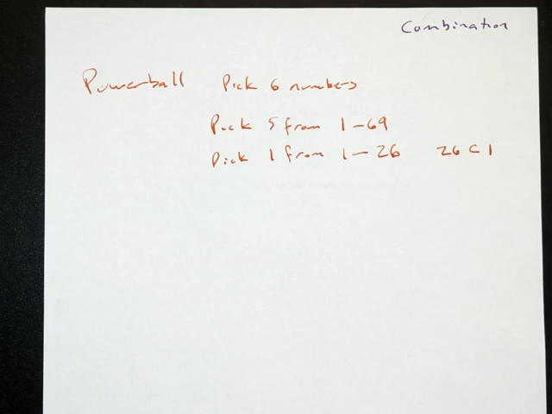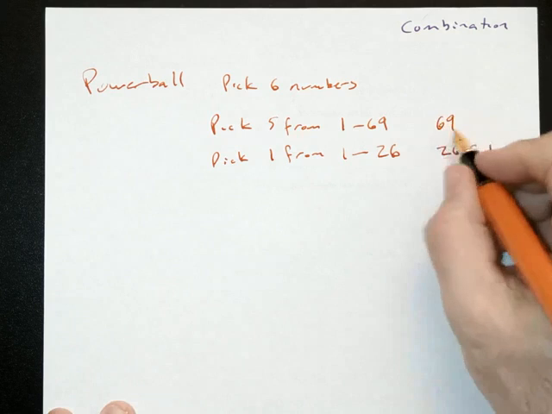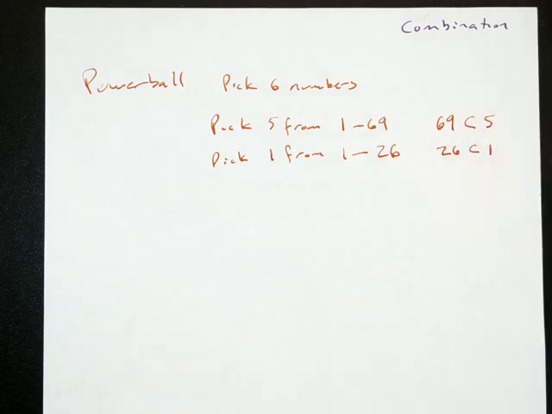But not P, because once the numbers come out, the order in which I got them doesn't matter. I want both of these things to happen. If I want them both to happen, I need to multiply these possible outcomes.